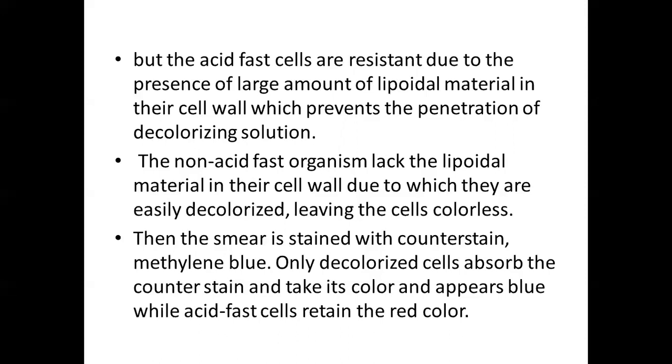Same as gram staining, but here we heat before starting the procedure. Then the smear is stained with the counter stain methylene blue. Only decolorized cells absorb the counter stain. Those are called acid fast negative or non-acid fast, whereas the acid fast cells retain only the red color.